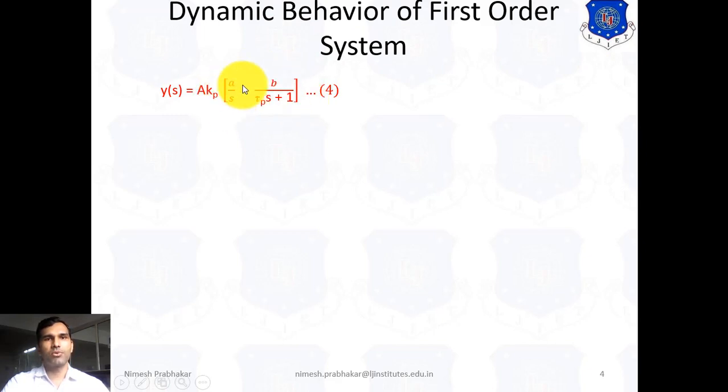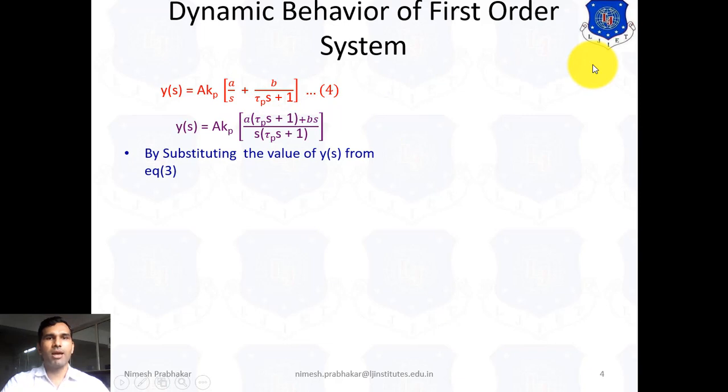This is the procedure for taking the inverse Laplace transform of any equation. Now we can also write this equation with tau p s multiplied here and s multiplied here.